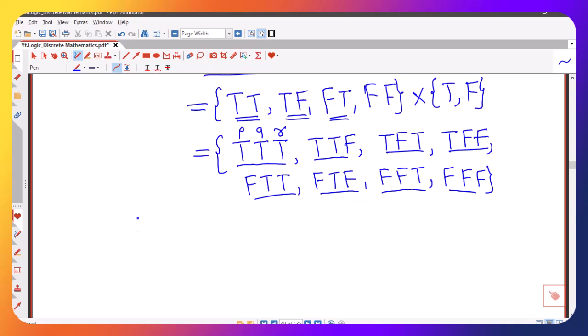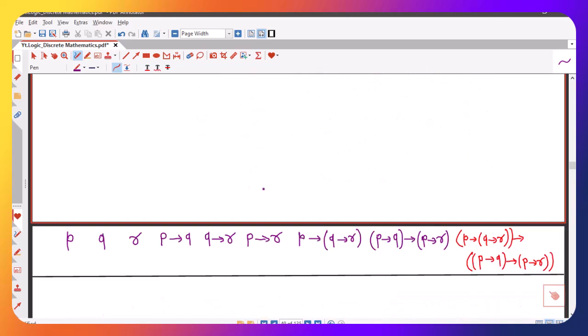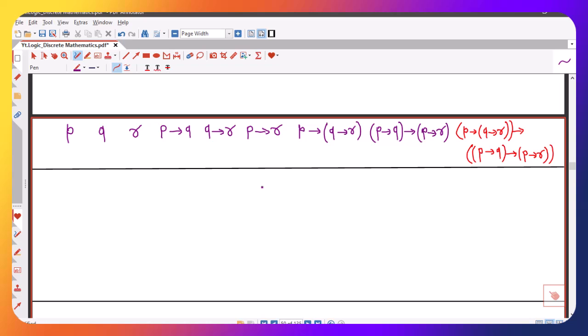If we see here, for P the possibilities are that the first 4 truth values are T and the last 4 truth values are F. These are the possibilities for statement variable P, that is truth value T 4 times, then truth value F 4 times. So that we can write here.